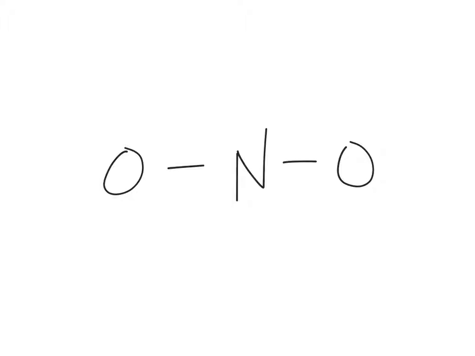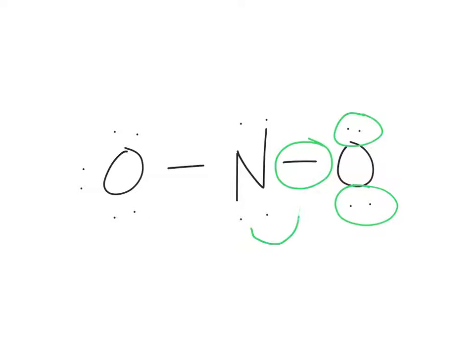You might start by just putting lone pairs on everybody. So there's 3, 4, 5, 6, 7 pairs left for a total of 9. But if we do that, we note that our oxygen here on the right only has 1, 2, 3 pairs for a total of 6 electrons. So that's not going to work. Instead, we're going to have to move one of these pairs into a double bond so that the oxygens have access to 8 electrons in their valence shell.